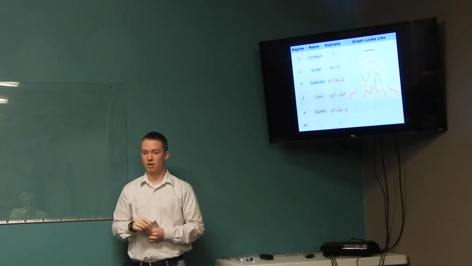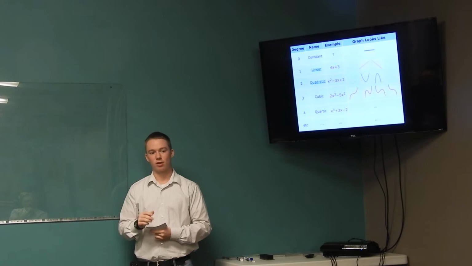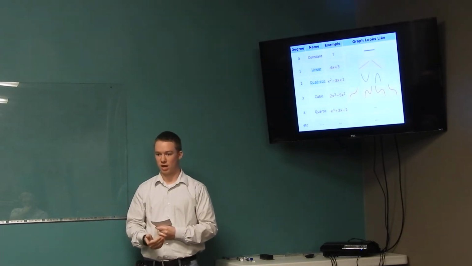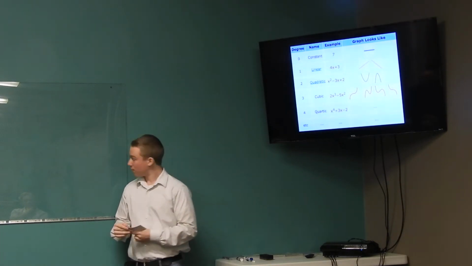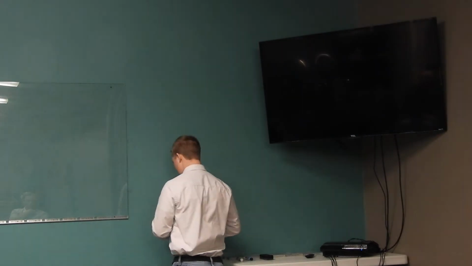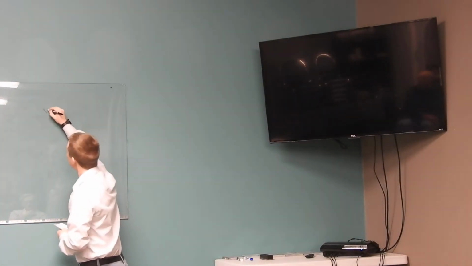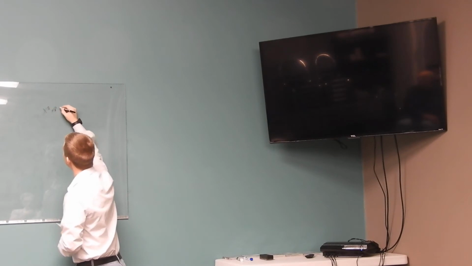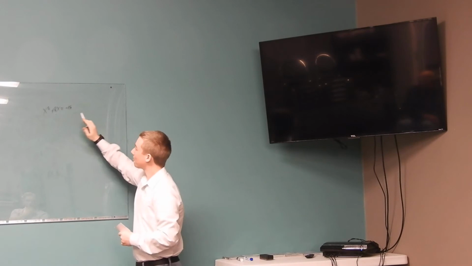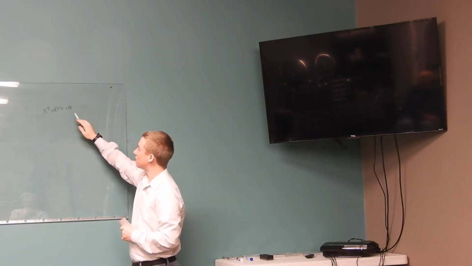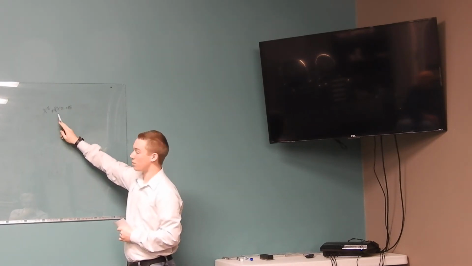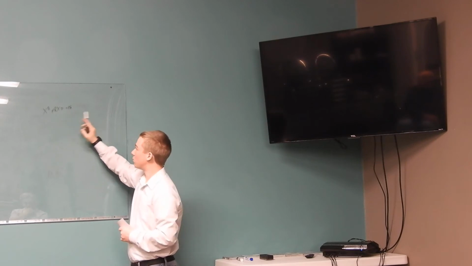Now that you know the composition of a polynomial, I'll show you how to solve one type of polynomial, the quadratic polynomial. This will be x squared plus 8x equals negative 15. With this, we need to move the negative 15 over to the other side so we have the whole equation equal to 0.